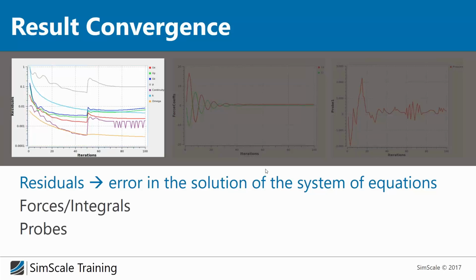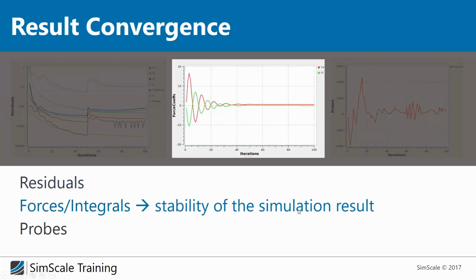The next thing you should take a look at is a force plot. We showed you how to create force plots. You should not consider your simulation as converged if it's only the residuals which are converged. The forces also need to become constant. The only difference is that for the residuals you want them to become as small as possible, while for the force coefficients you just want them to become stable.